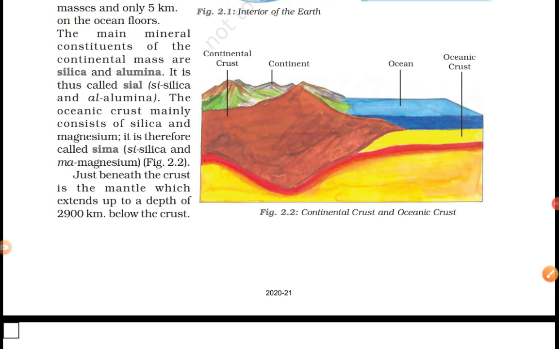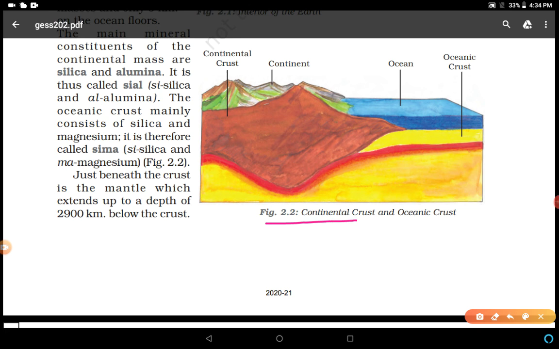Now look at this diagram. Continental crust and oceanic crust. Now we'll differentiate between these two kinds of crust. Under the continental masses, the crust is found, and under the oceans, it is known as oceanic crust.